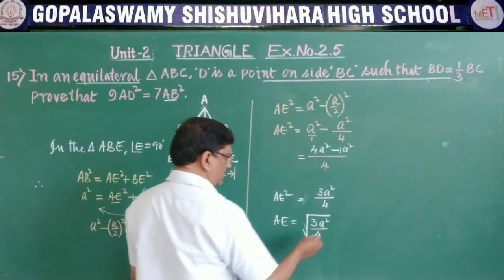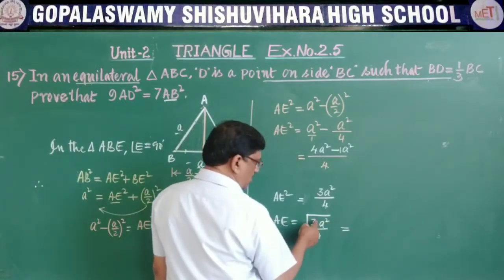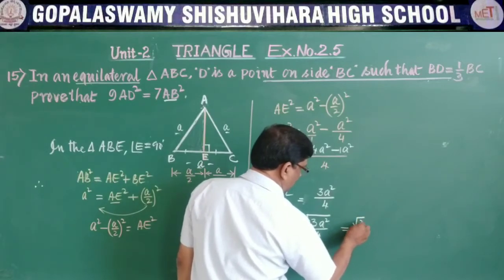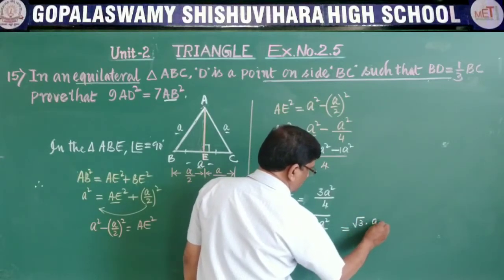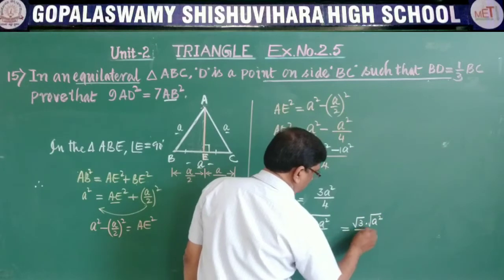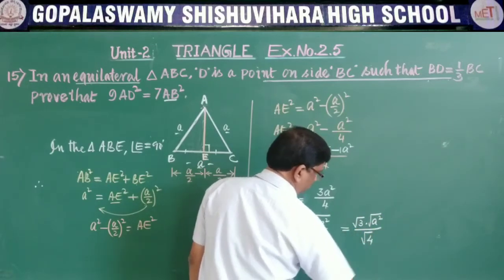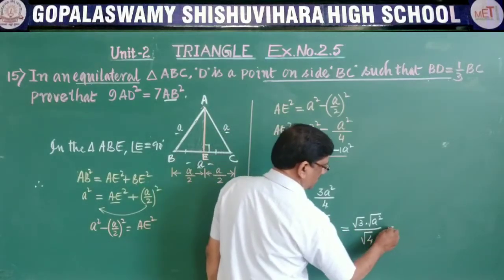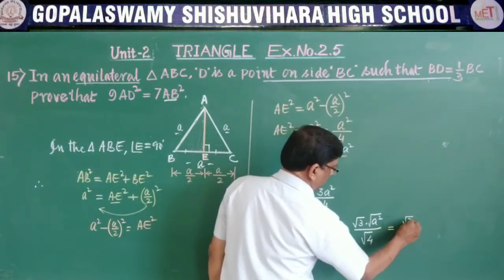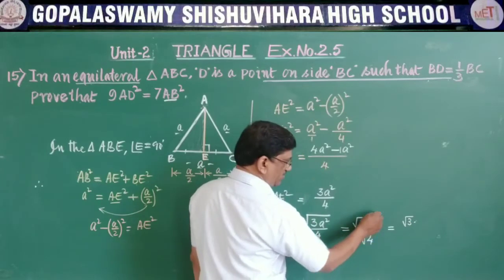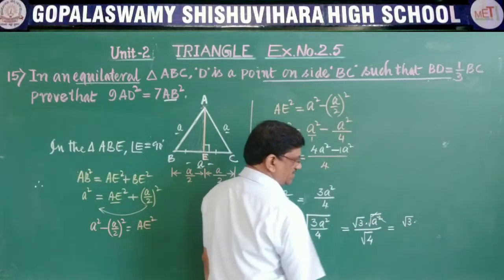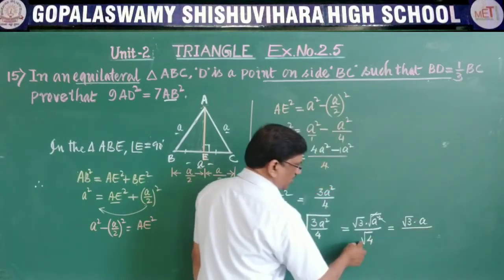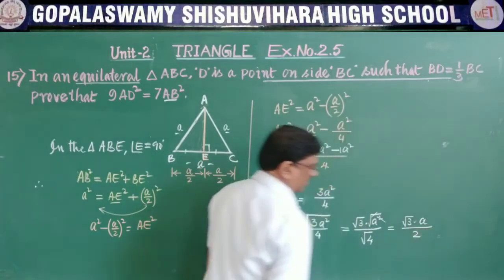Now, children, if you apply square root to both, it becomes square root of 3 into square root of A square divided by square root of 4. The square root of 3 we don't know, so keep it as such. Root 3 into A square, the square and the root get cancelled, what remains is A, divided by the square root of 4, which is 2. Clear, children?